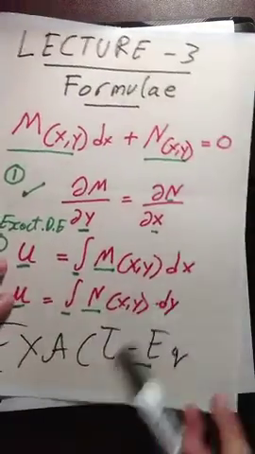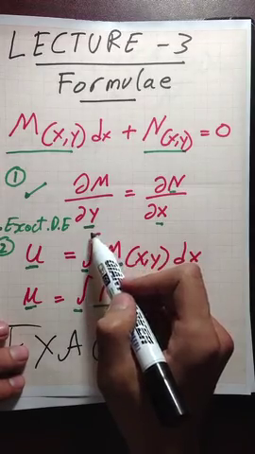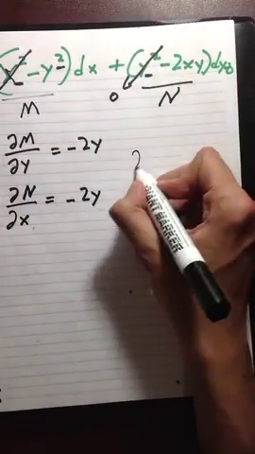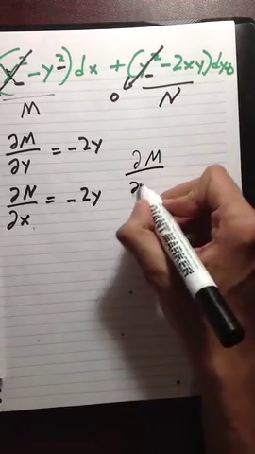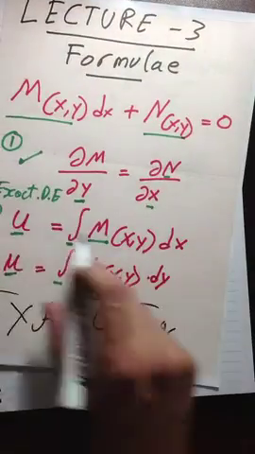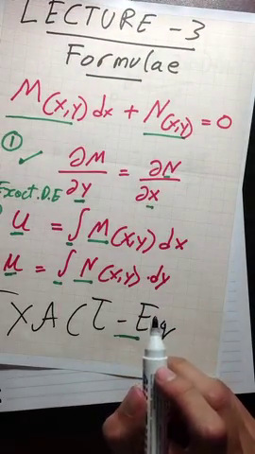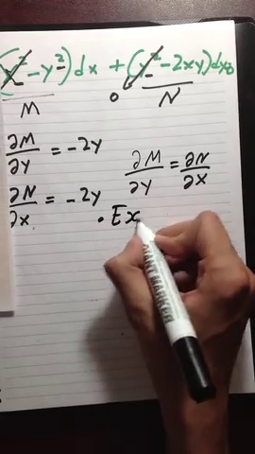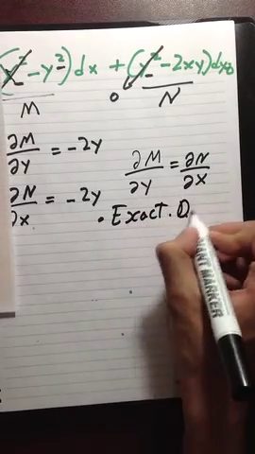The rule says that the derivative of M with respect to y and the derivative of N with respect to x should equal each other. So what we did here is satisfy the first rule. And as I mentioned earlier, according to the mark scheme of Dr. Zahir, we should write down here: exact differential equation.